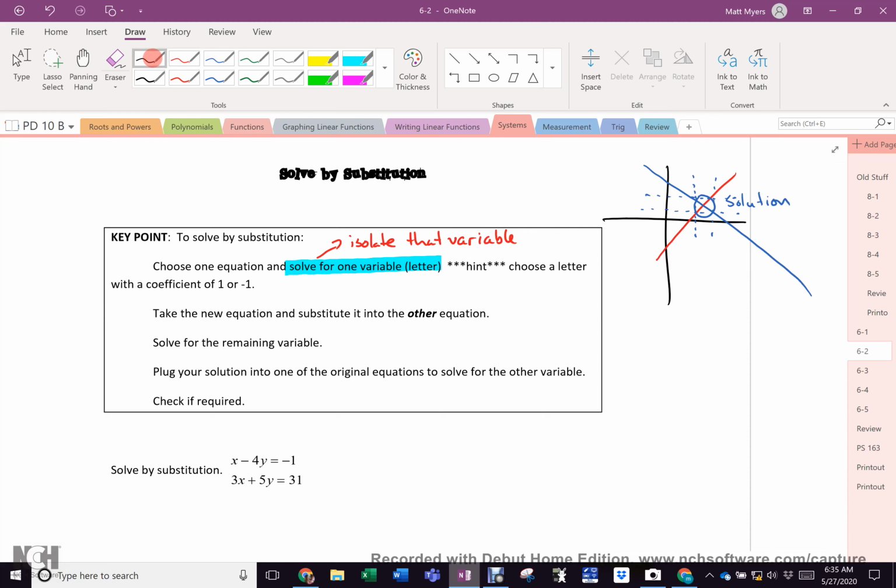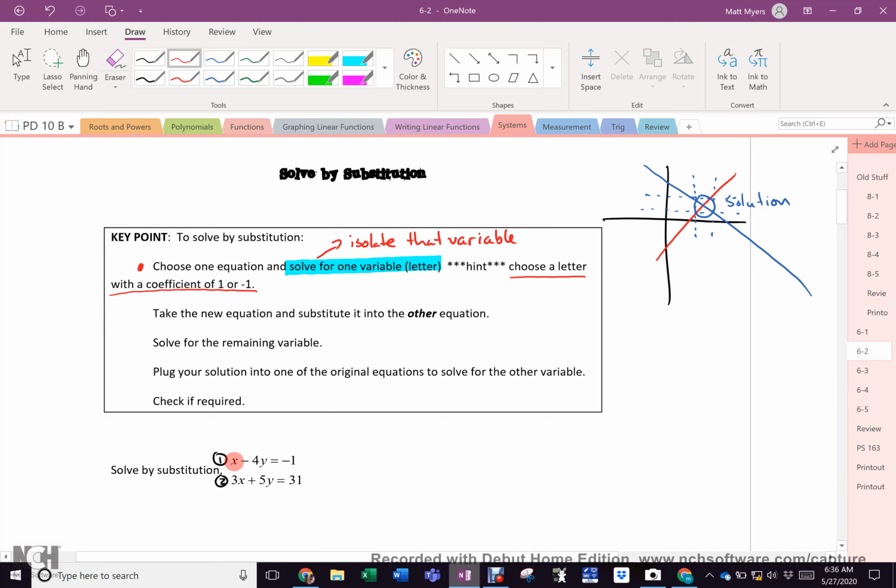We're going to have equation number 1 and equation number 2. So in red, we're going to choose one of those variables and solve for that variable. Now, I've given you a hint. Choose a letter with a coefficient of 1 or -1. It's always easier. So where are we going to work here?